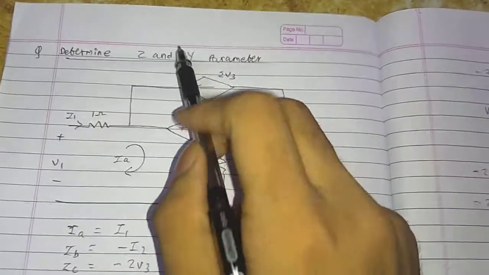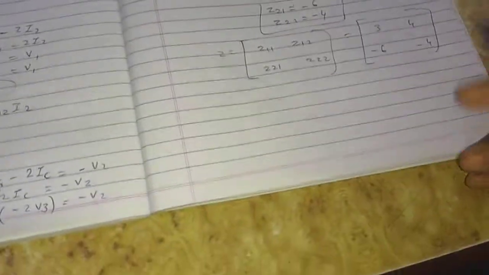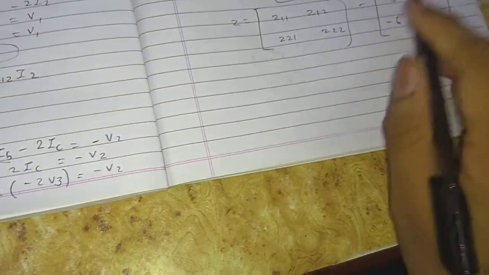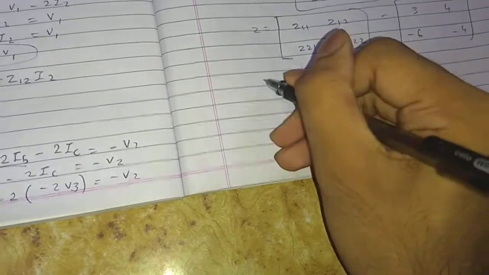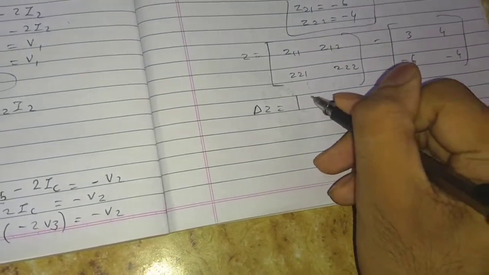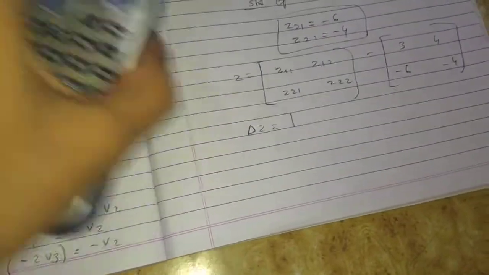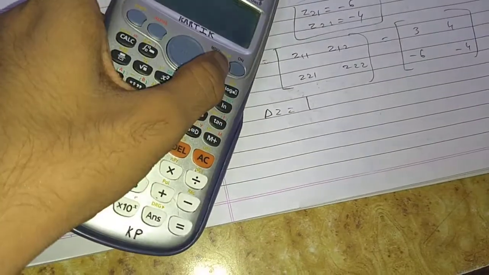Now in the question we have to find the y parameter also. So simply write this. For finding out the y parameter, take the determinant of z. So take this determinant. I basically do it in a calculator.